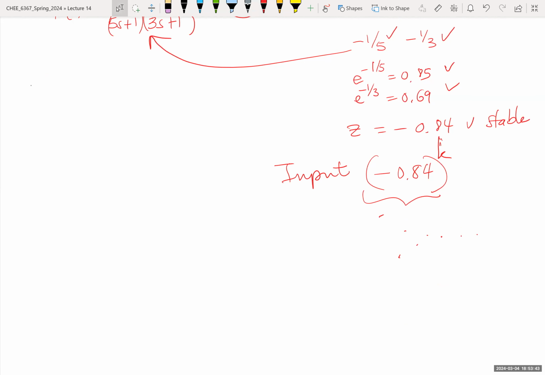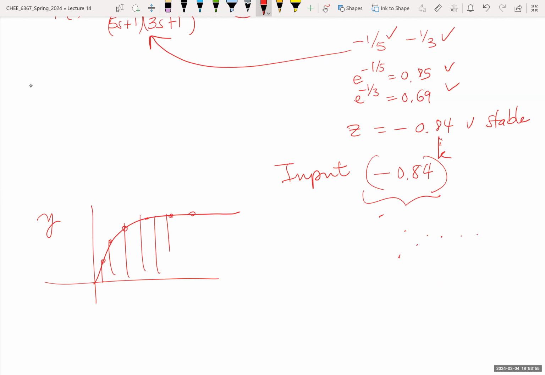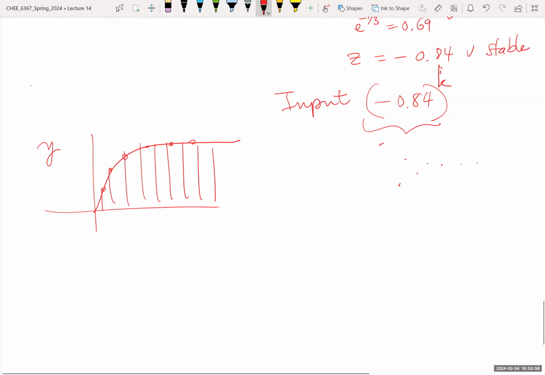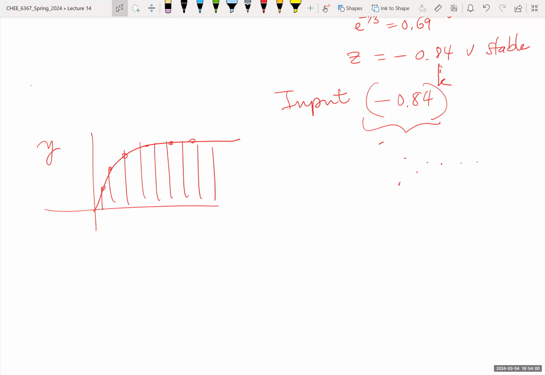The simulation is showing the nodes and shows that if you have this closed loop, you think you're making a step change and your output y goes like this because you have these values here in discrete time. Except the continuous line I drew is not the right one. The real one is actually going to be something like this.